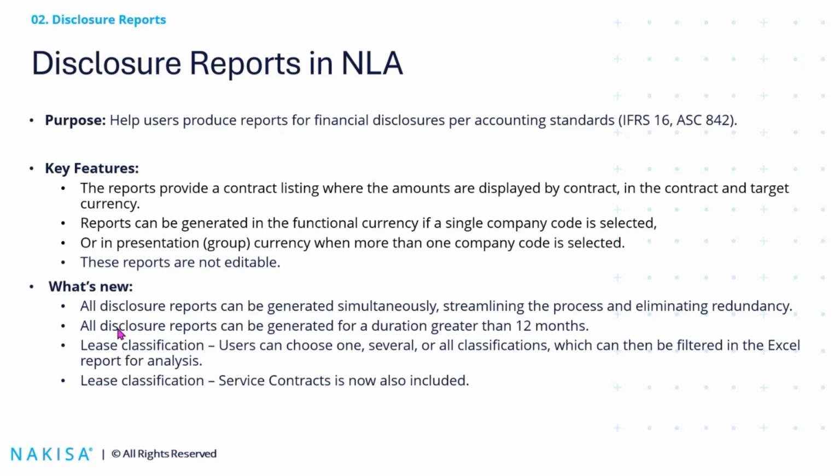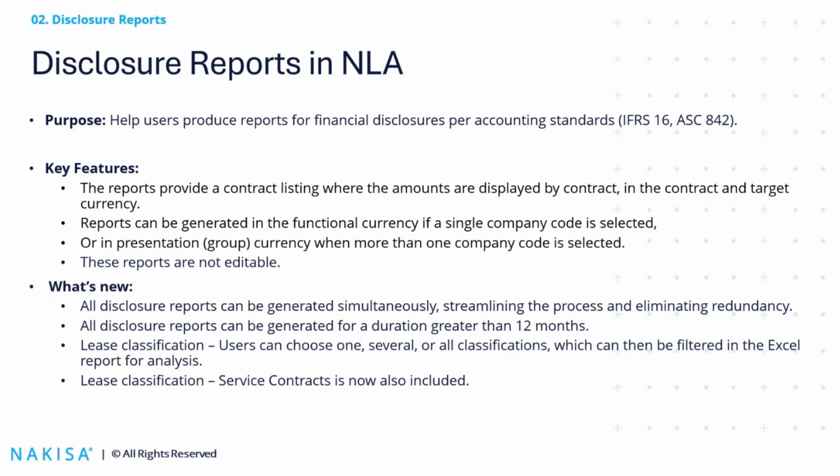So as I mentioned previously, what's new in the latest version is that you can now run all the reports simultaneously. You no longer need to run each report separately. Secondly, you have reports that can be run for more than 12 months, as well as the lease classification.